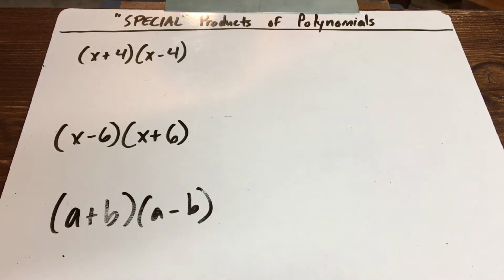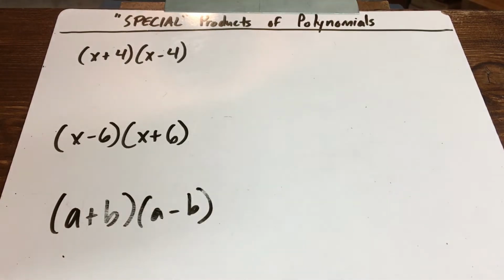The whole point of this lesson is that there are some special situations where if you notice that it is a special situation in a multiplying of a polynomial, you can kind of do a shortcut so you don't have to actually work out all the steps of FOIL. You don't have to actually distribute all the parts in the distributive property. You don't have to do the entire problem vertically or draw the table, all four methods that I showed in my most recent video. The hard part is recognizing that you have a special situation.